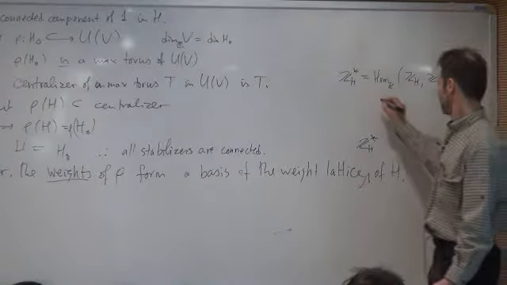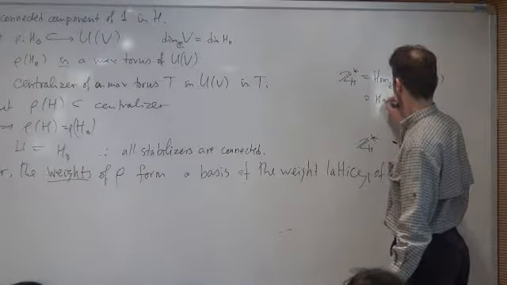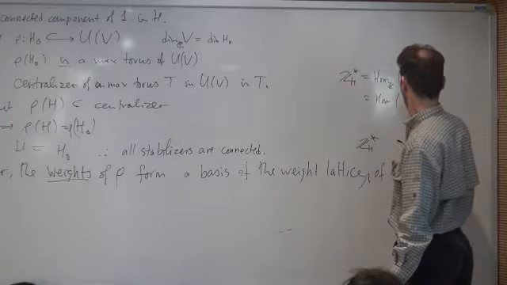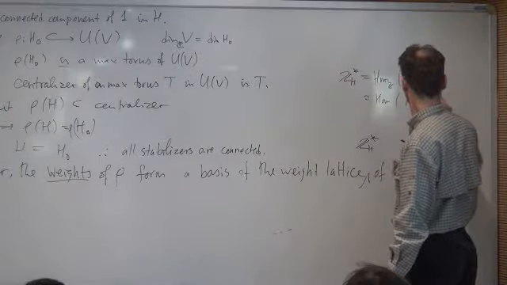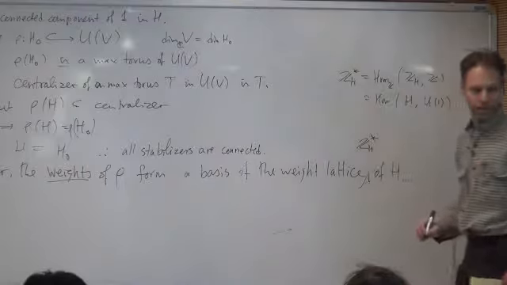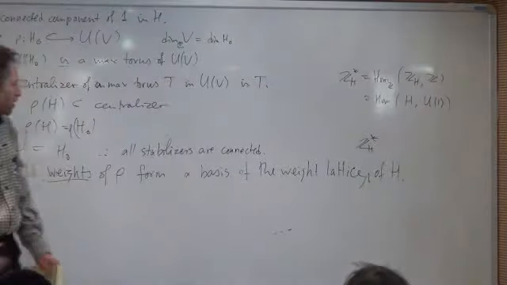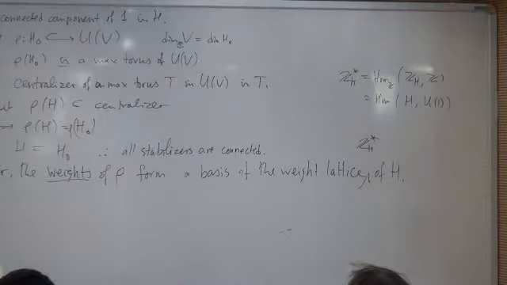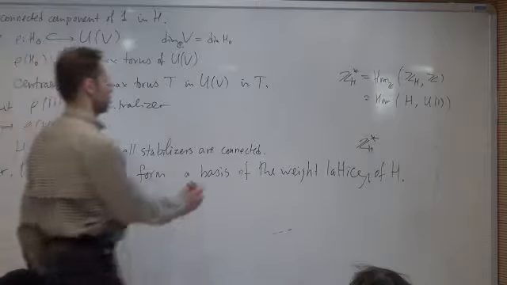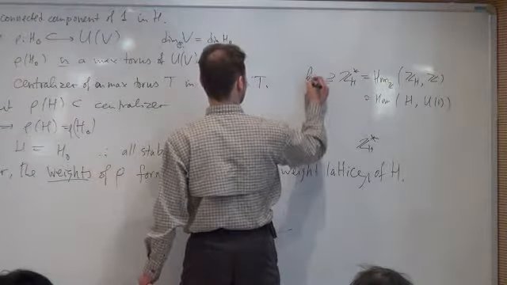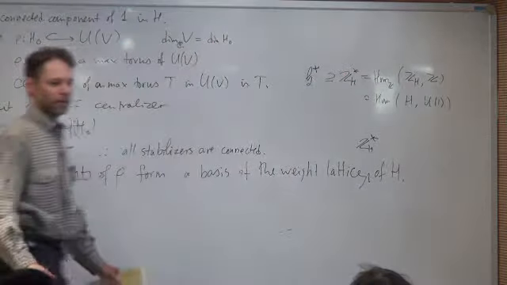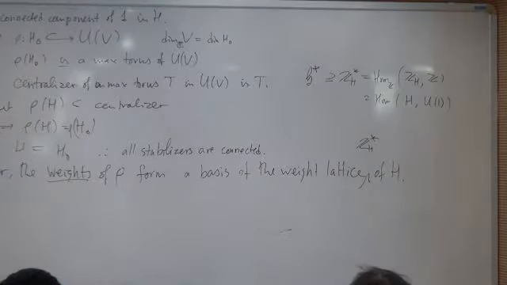Or you can think of it as Hom from H to U(1). It's a free abelian group. Usually people think of it as sitting inside H^2. It's a lattice. These are actually a basis.